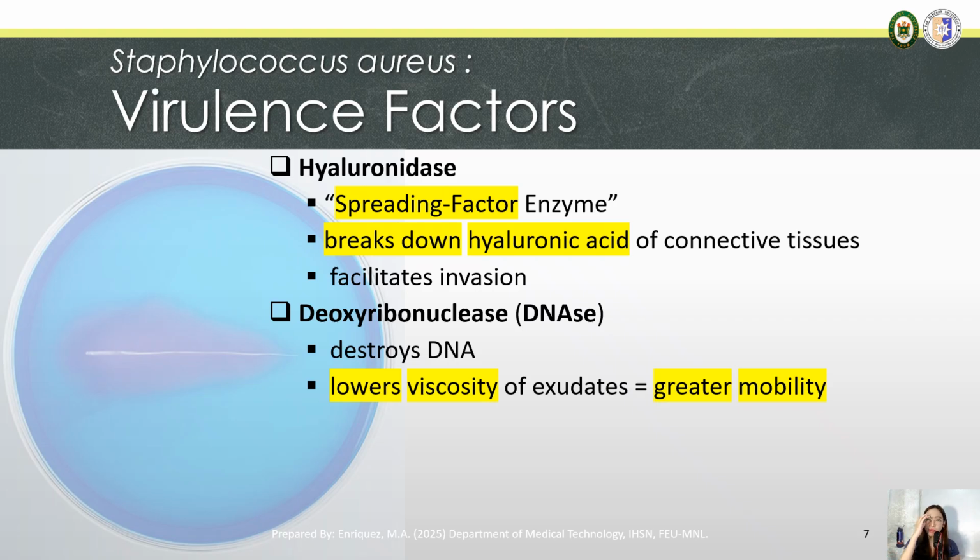Ang pinagkaiba lang po ay yung target nila. So hyaluronidase would destroy hyaluronic acid, DNase would destroy DNA. So magiging less viscous and more liquidy or more runny yung fluids within our tissues, giving them, ayun nga po, the capability to spread to other places.